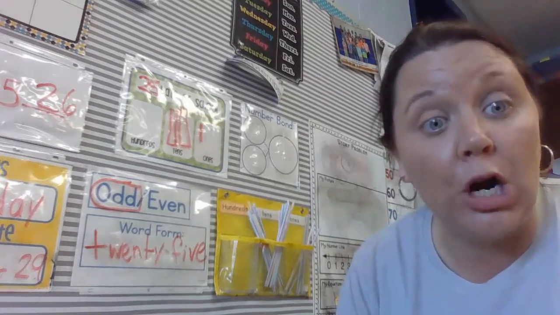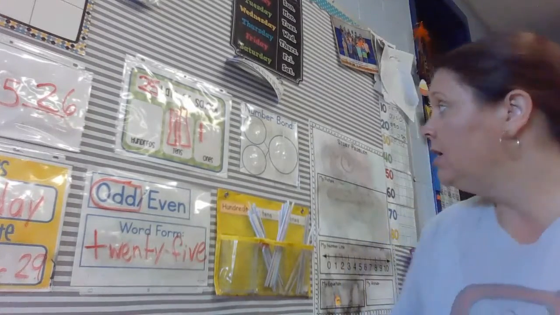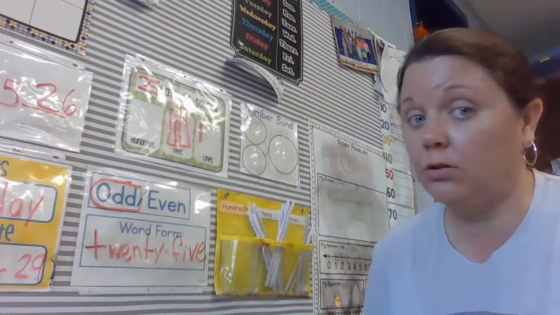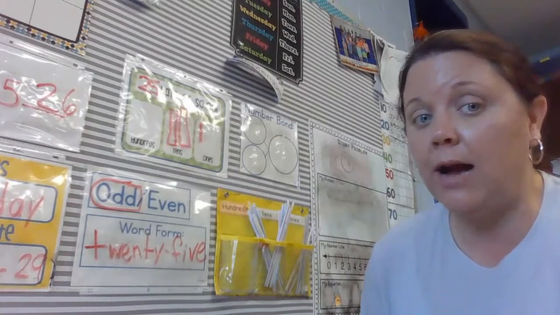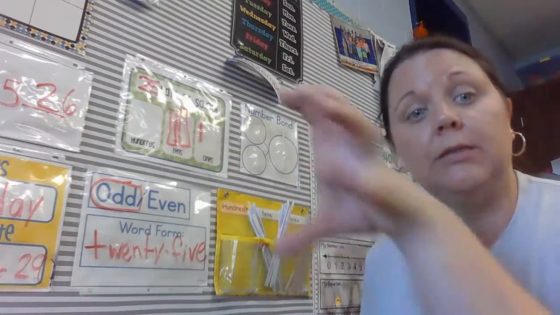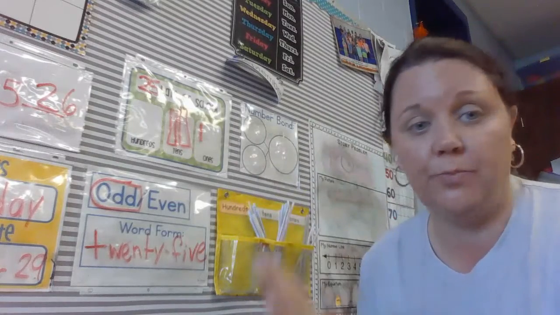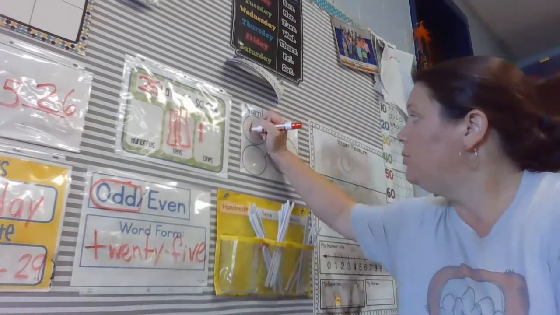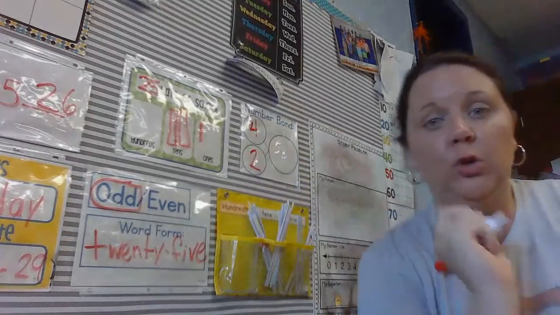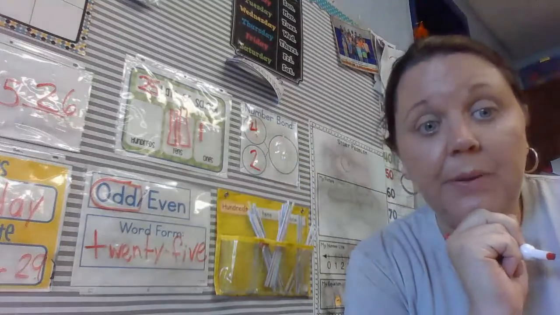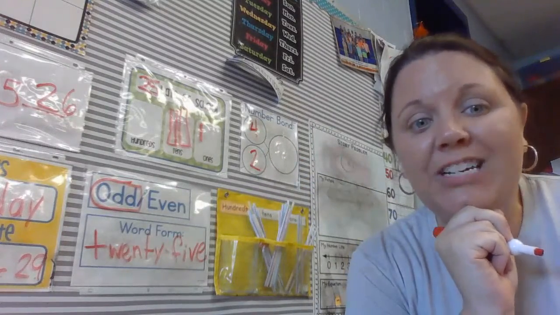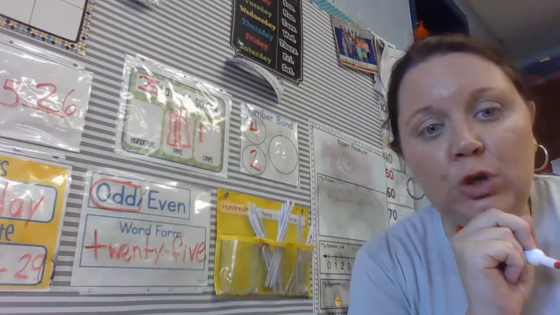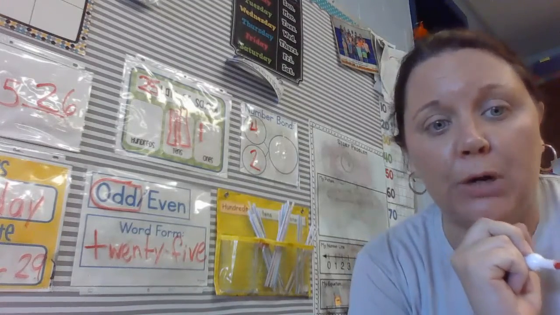Let's do 2 parts today. If you have your pencil on your journal or in your paper, whatever you're writing on, I want you to draw the 2 parts and the whole in your book or your paper. So I want you to put a 4 and a 2 on your paper in the parts. 4 and 2 are partners of a certain number.